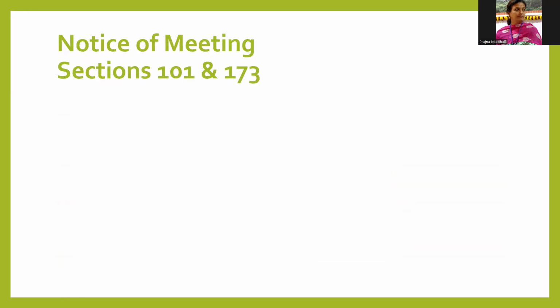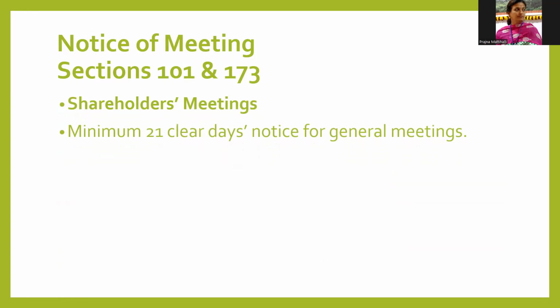First one is notice. As per sections 101 and 171, 173, there should be notice for every meeting. If it is a shareholders meeting, then minimum 21 days before, notice should reach every member.